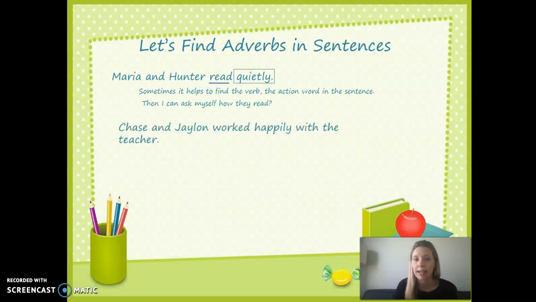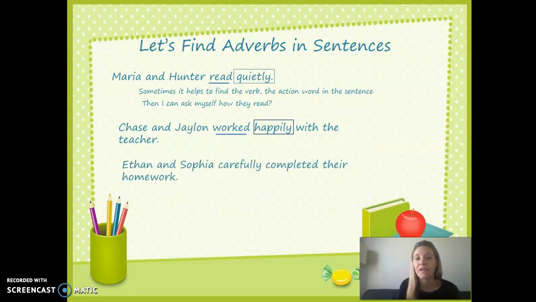Chase and Jalen worked happily with the teacher. Let's look for the action word in the sentence. What did Chase and Jalen do? The verb is worked. How did Chase and Jalen work? They worked happily with the teacher.